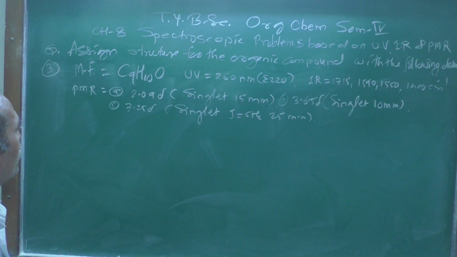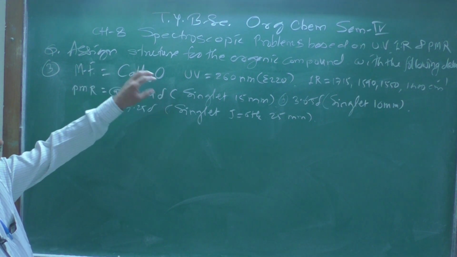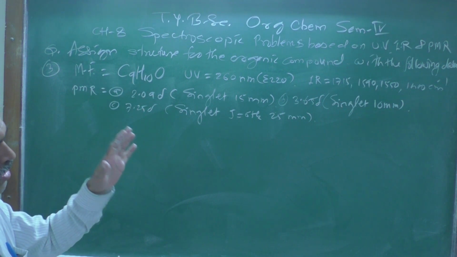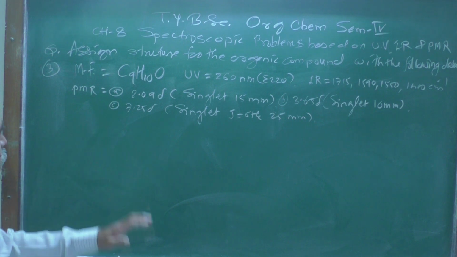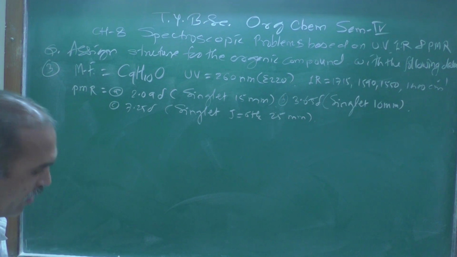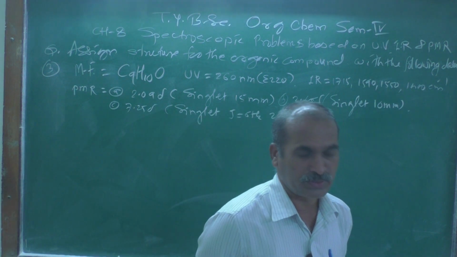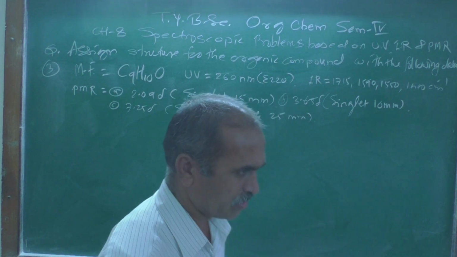Look at the problem once again. Molecular formula is given, UV data also given, IR values also given, and here PMR data is also provided, and from that we are going to find out the correct structure of the organic compound, and it's very easy.